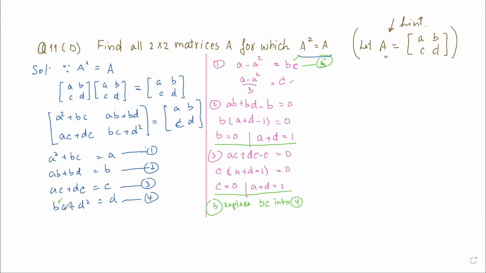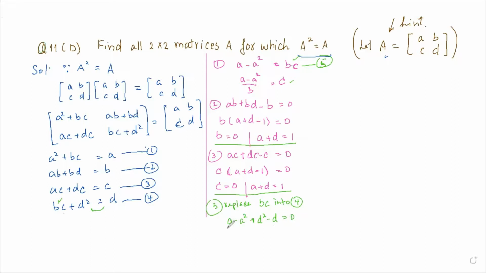So we replace BC in here now. So we have A minus A square plus D square, but then we move D to this side right away, so it becomes minus D here, equal to 0.